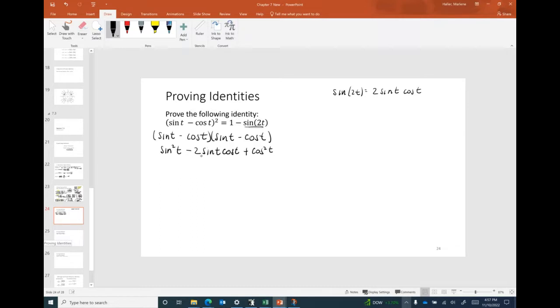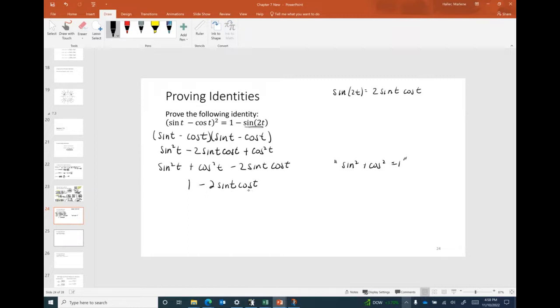When I notice that, then what comes to mind is the Pythagorean identity. Look, if I rearrange these, I could write this as sine squared t plus cosine squared t minus 2 times the sine t cosine t, right? And look, sine squared plus cosine squared, by the Pythagorean identity, is equal to 1, right? So I can make that substitution, and now I have 1 minus 2 sine t cosine t, right?